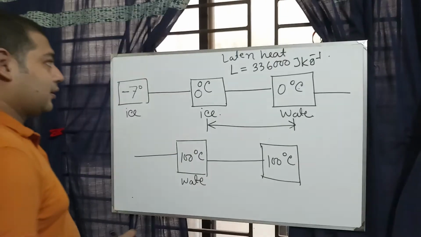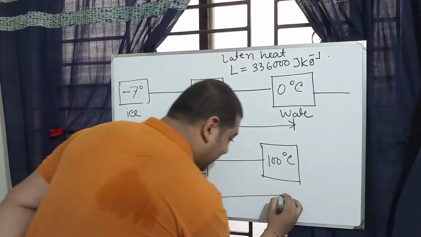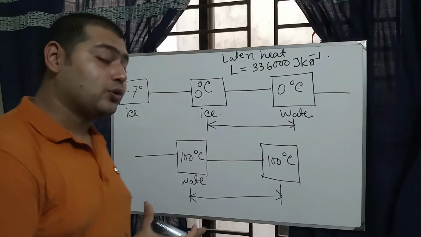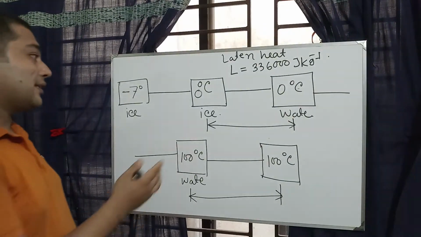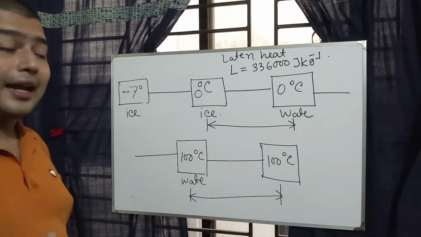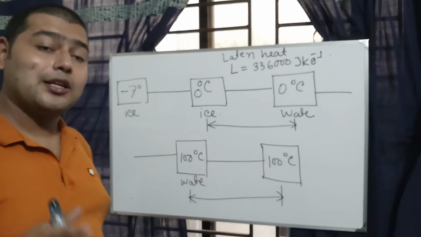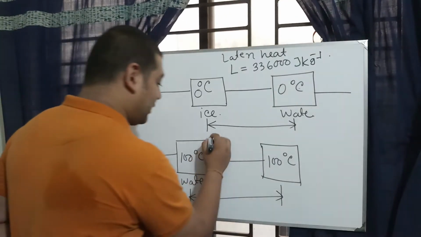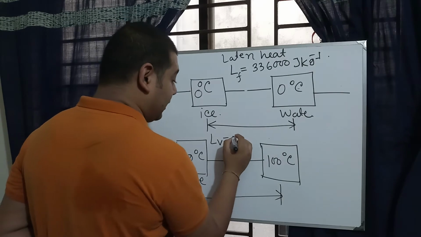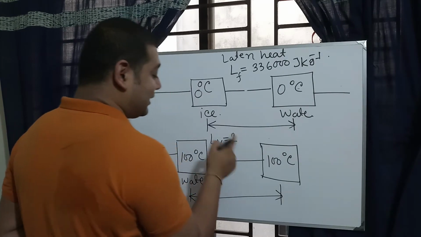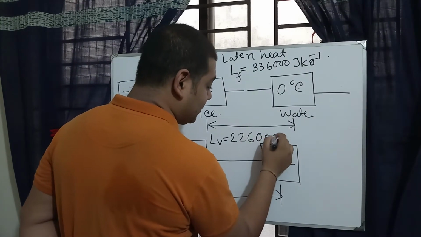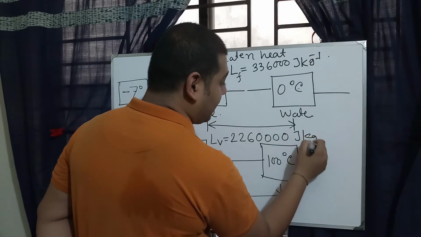In the stage where water converts to vapor, it also gains another latent heat. This is called latent heat of vapor, denoted by LV, while the other is denoted by LF. The value of the latent heat of vapor is 226,000 joule per kg.